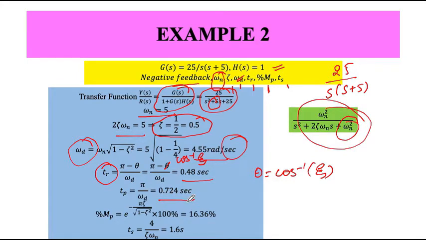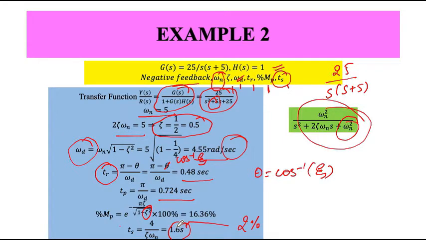0.24 seconds. Then percentage overshoot depends directly on the damping, which gives me 16.36%. Finally, the settling time: I'm taking 2% tolerance criteria, so it will be 1.6.